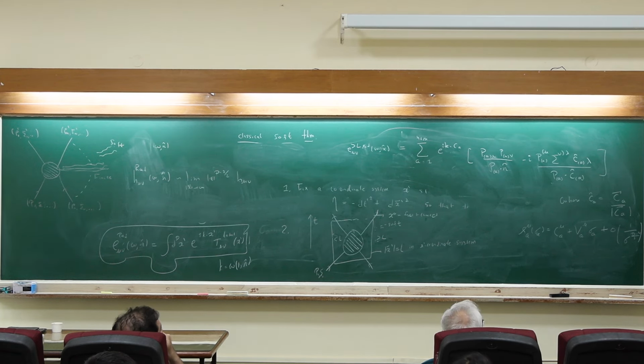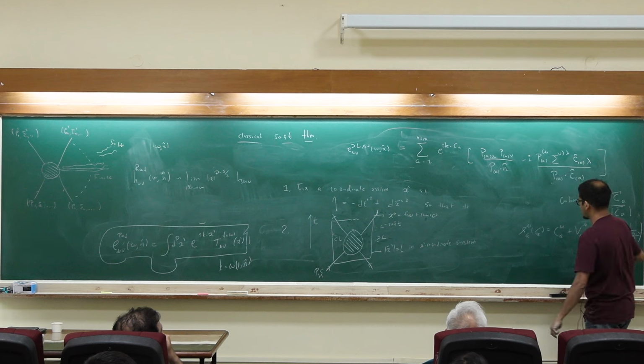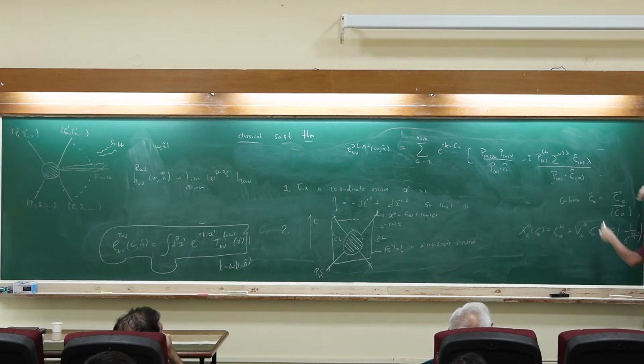Okay, so let me try to explain why this is true. So this plus order omega, sorry, plus order omega. So then this is the out region.